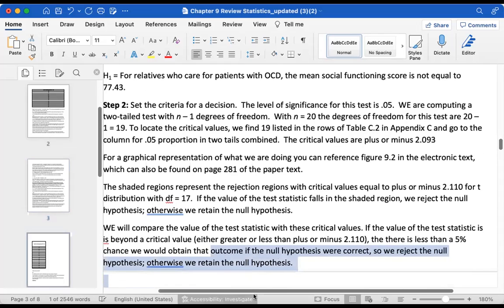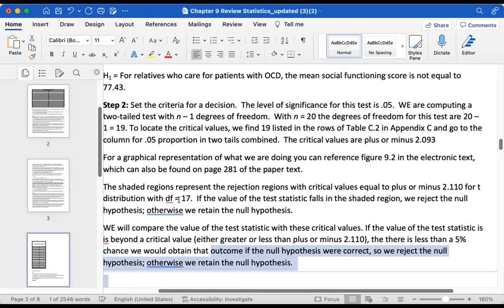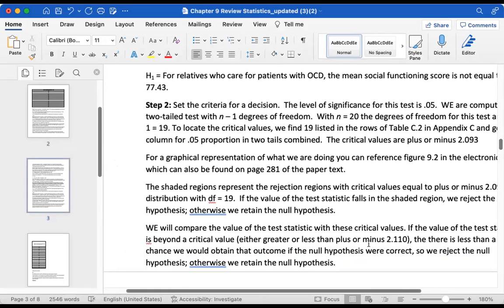And then, of course, our degrees of freedom, DF, is 19. This is 2.093. And then this should be 2.093. So that would be step 2.